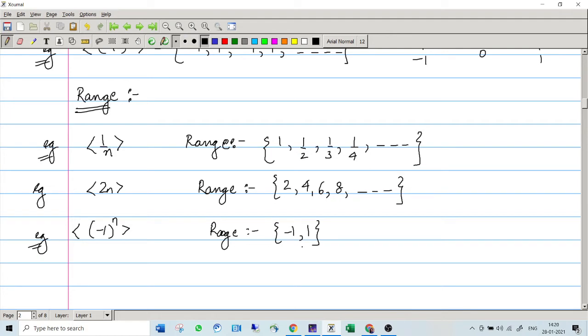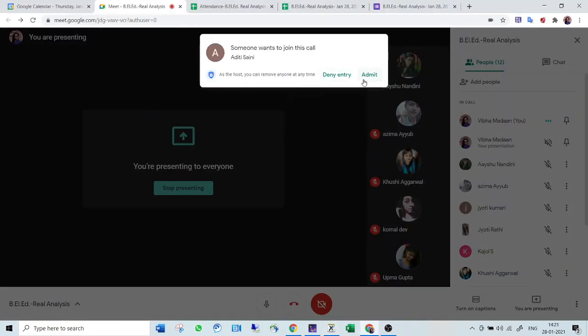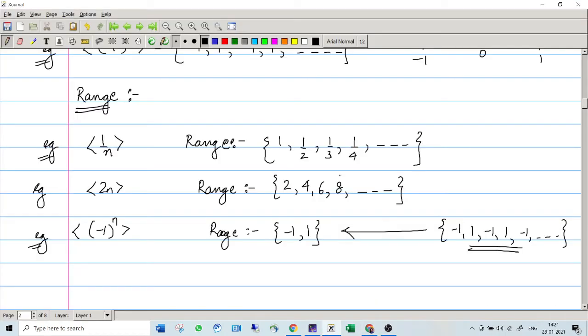So your range happens to be -1 and 1, but the sequence was -1, 1, -1, 1, -1, 1, right? So that's how you have your sequence, and for that sequence you have some range. Sometimes range is same as the sequence, but sometimes the range is a smaller set than what a sequence would be, right? So that's how we have dealt with what a sequence is.